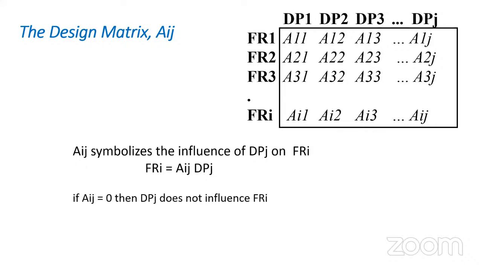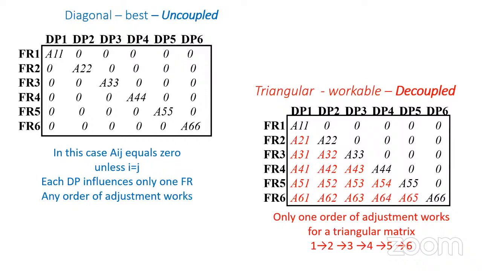So you can set it up and then represent it. Just like with the faucet, we would like the off diagonal terms to be 0 so we can adjust each FR independently with each DP in any order that we like.